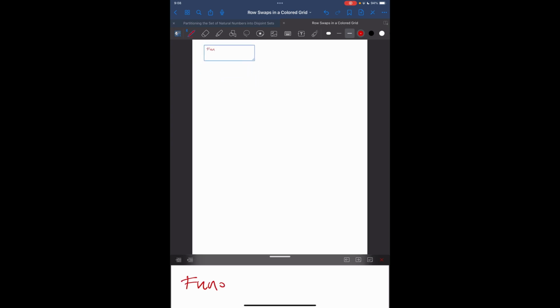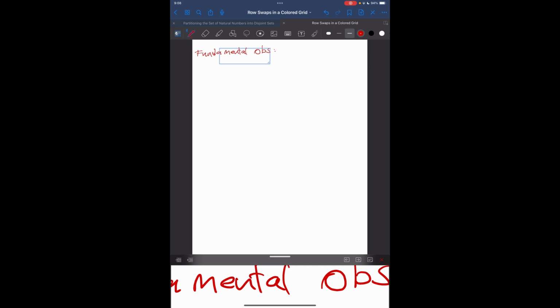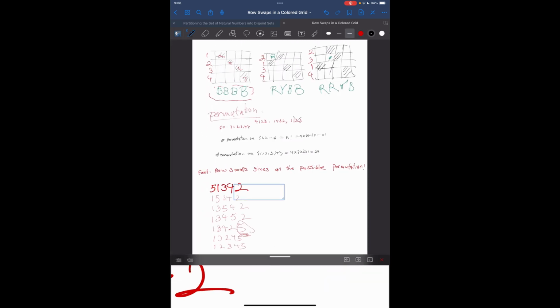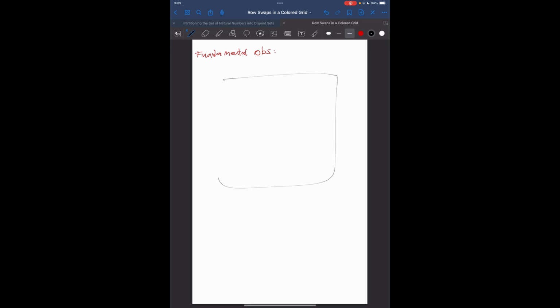Fundamental observation. Suppose I have a 5 by 5 grid.